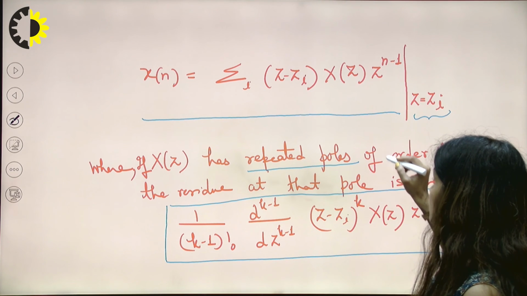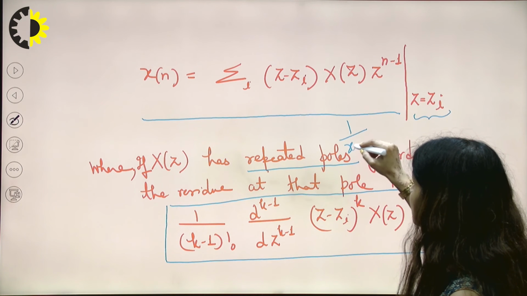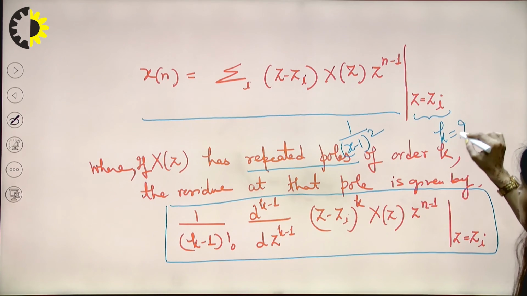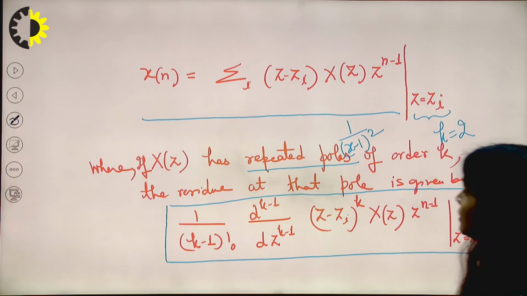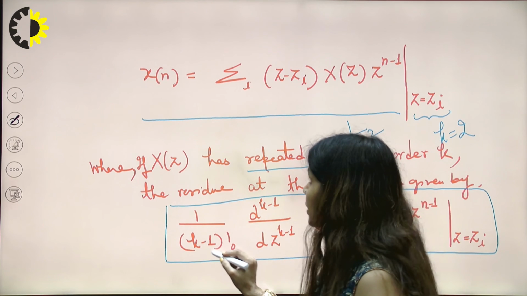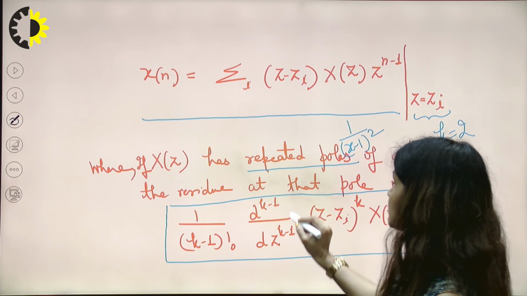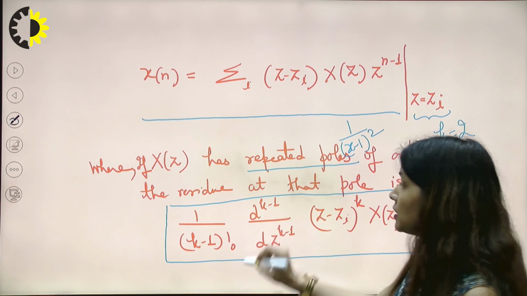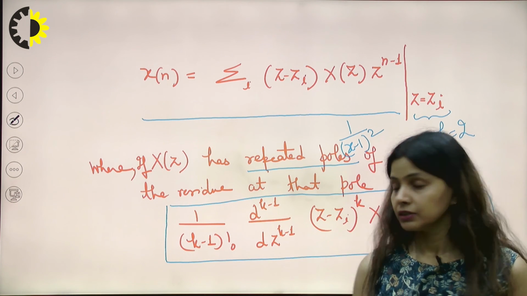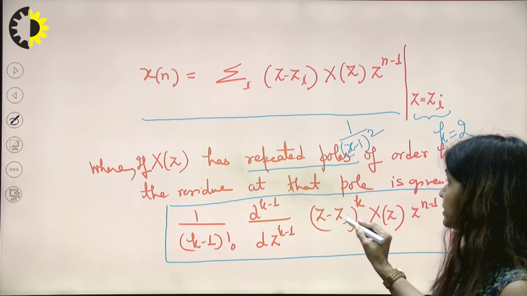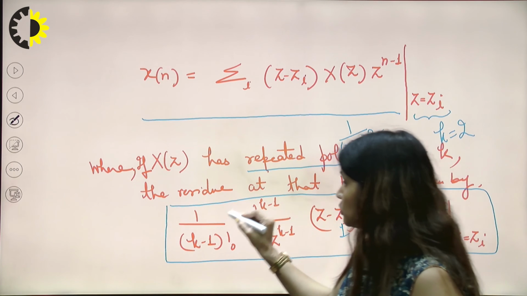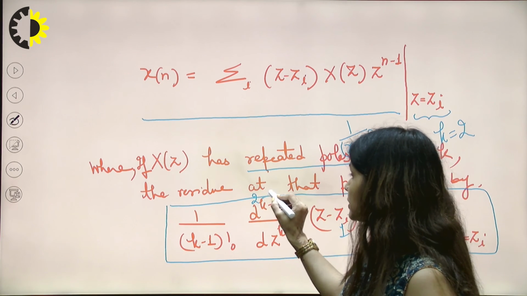If the repeated pole is, say, 1 upon (z-1) squared, then the value of k will obviously be 2, and we calculate the residue by applying this formula: 1 upon (k-1) factorial, d^(k-1) upon dz^(k-1). If k is equal to 2, then we have to differentiate only once, with (z - zi)^k considered here.